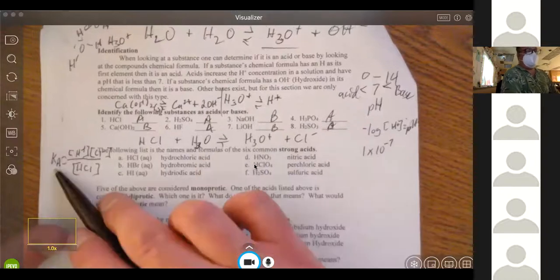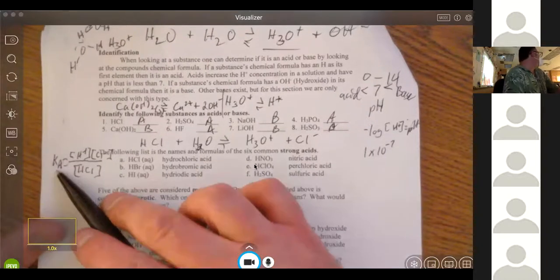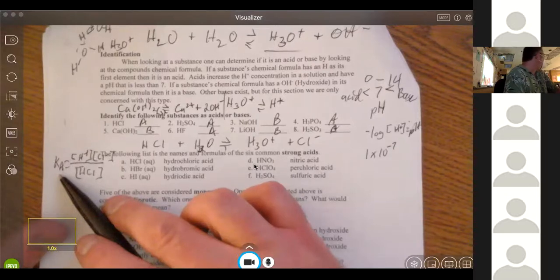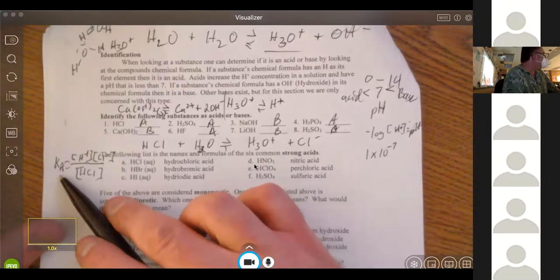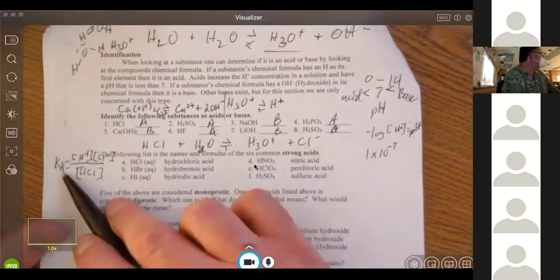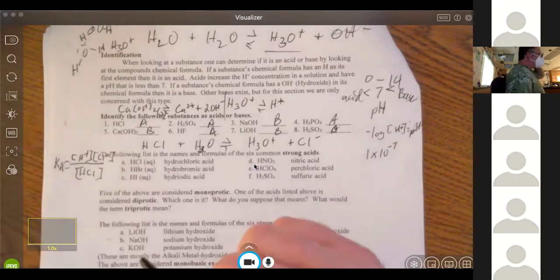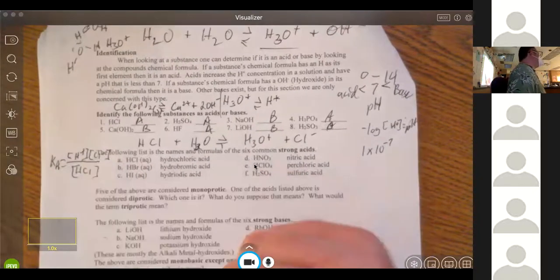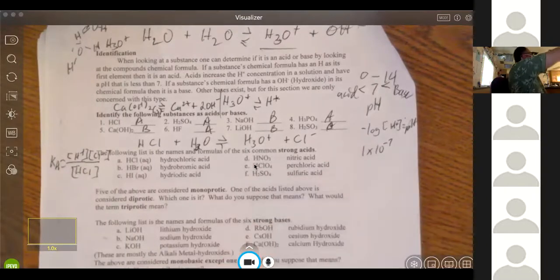The Ka for HCl is incredibly large. So that's why it's a strong acid, because if this is large, what does that mean? What's favored, products or reactants? Products. It's almost 100% ionization. For every 1 mole of HCl, it separates into 1 mole of hydrogen ions.